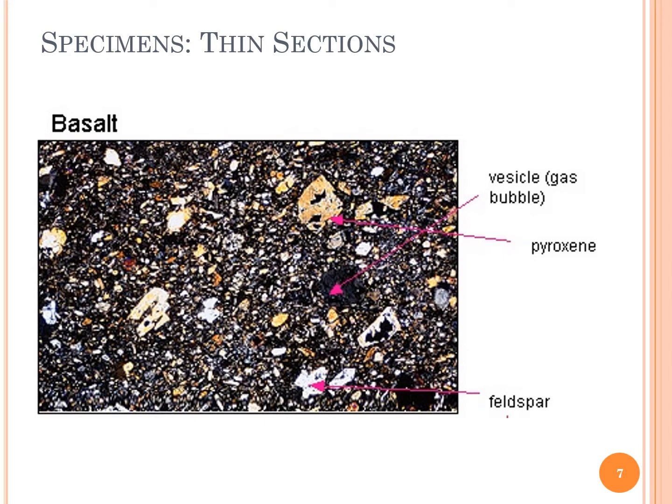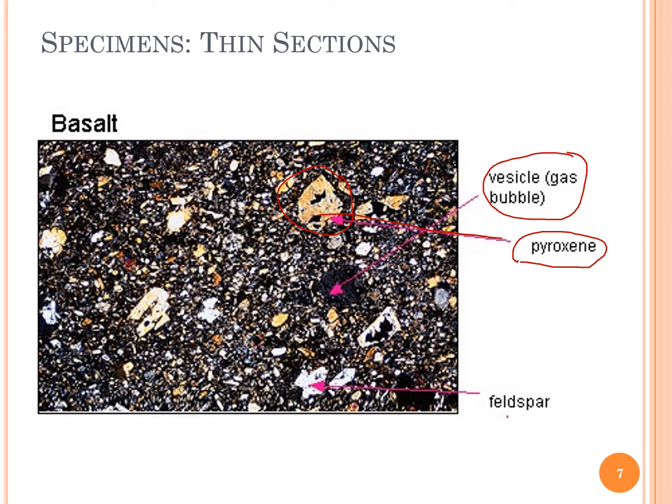So in this case here, you can see a couple of different things happening. I'll point out here on the upper right something called a vesicle, which is basically just a gas bubble, and we'll talk about why there are gas bubbles in the CRB. Here's one of these accessory minerals, pyroxene, I mentioned here with the arrow that points over to this large squarish block of rock in this thin section.